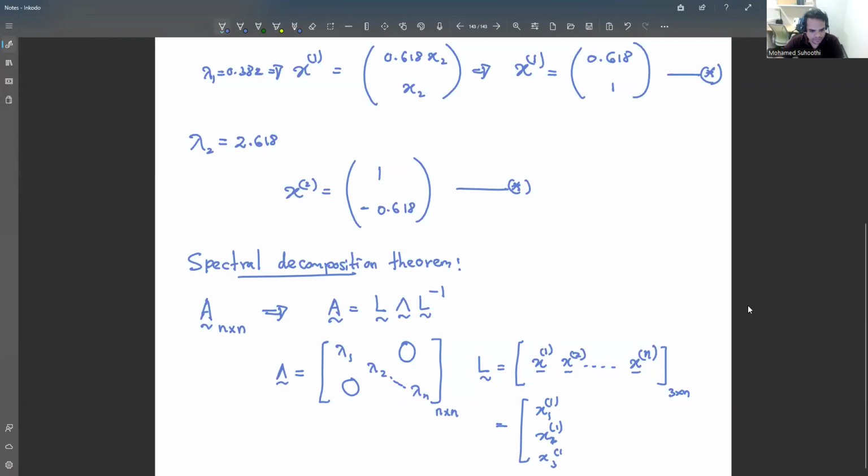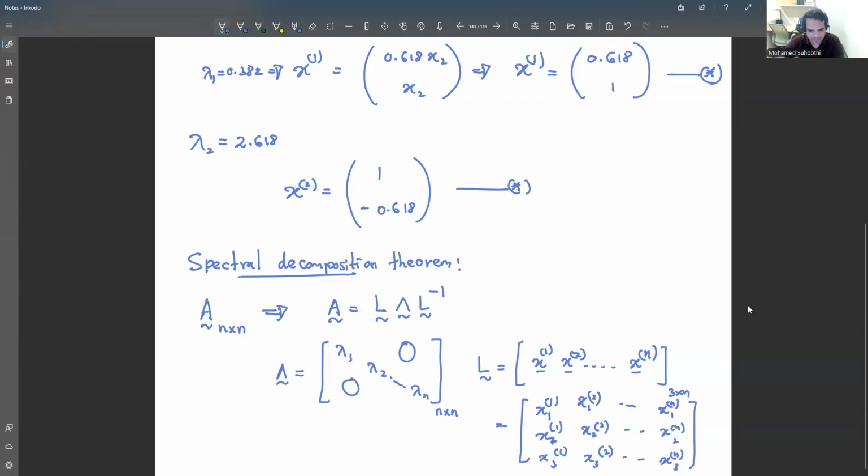Similarly, for the second vector, the components are x12, x22, x32, and so on. Finally, for the nth vector, xn1, xn2, xn3.